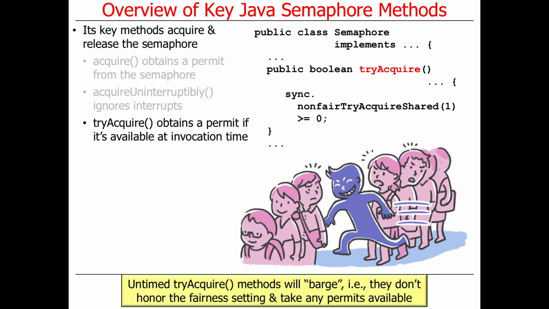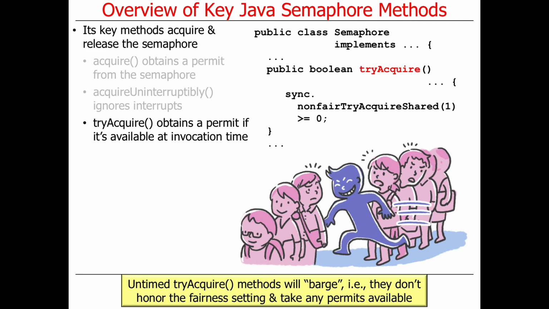If you call try acquire here, even if you have the fairness property set to fair sync, try acquire will not honor the fairness setting, and it will barge in. It cuts in the front of the line, and it goes ahead and grabs that permit. So try acquire with no timeout will barge. And the reason it does this is purely for efficiency's sake. The semantics are a little odd.